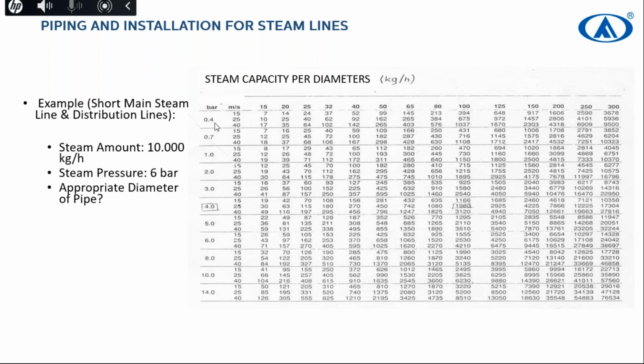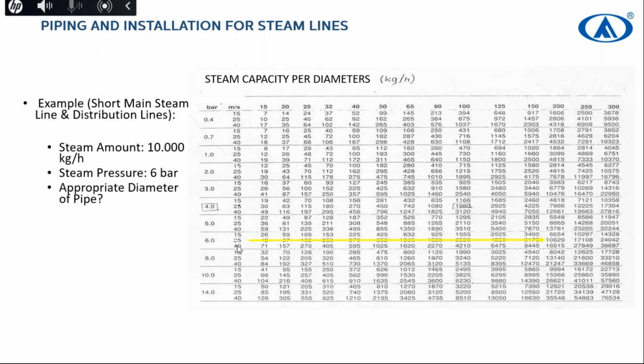Let's have a look. You can find this in our technical catalogs, in our technical handbook, or on the internet. You can find this chart everywhere. In that case, at 6 bar, you need to check the 10 ton per hour.